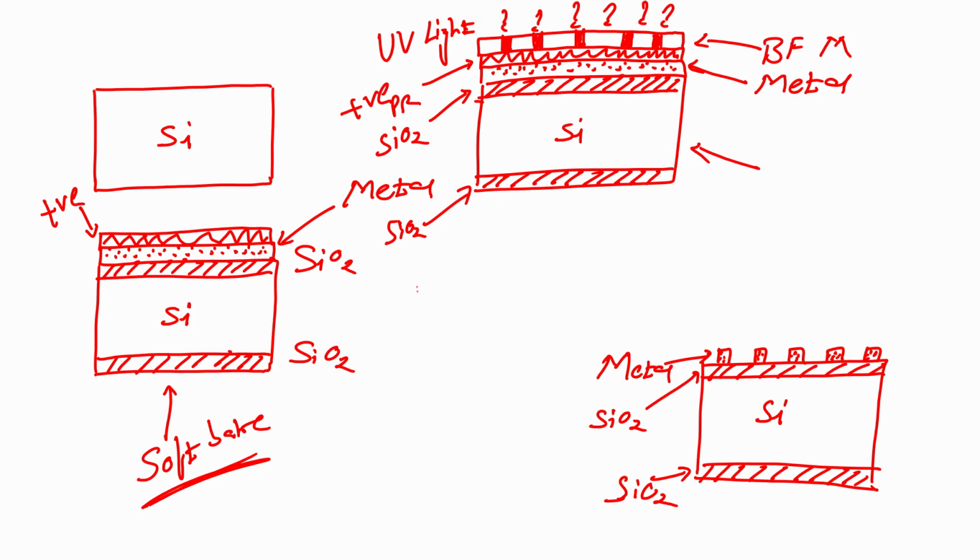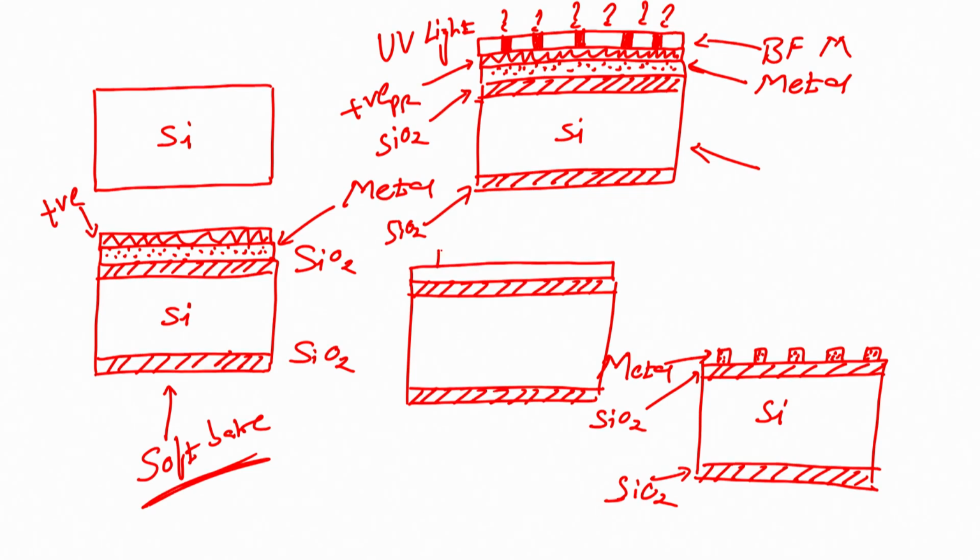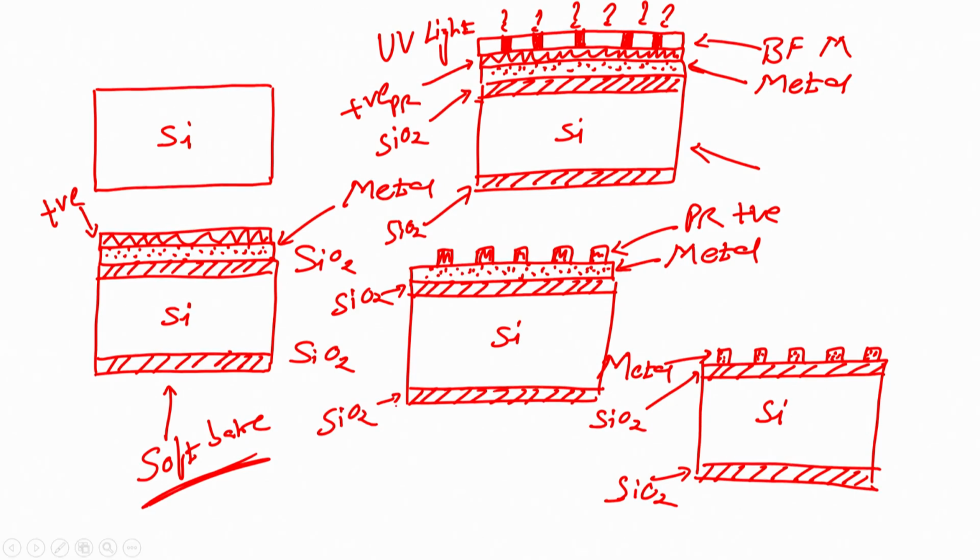Since I have used positive photoresist, I will get the pattern as shown in this schematic. What you can see is that the unexposed areas are stronger.